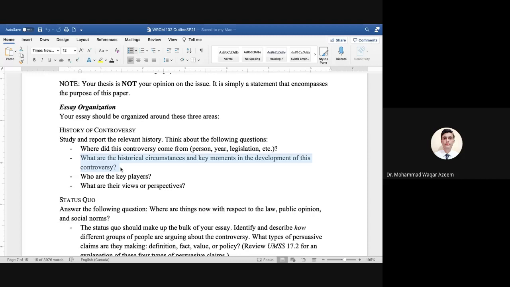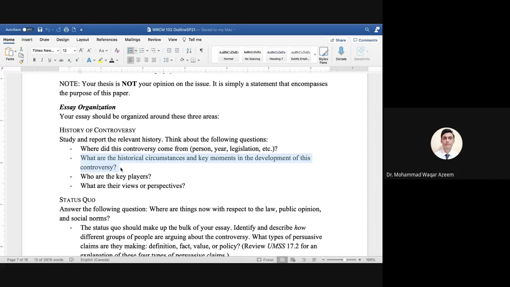So, a topic like that famous, so-called feminist movement in Pakistan, Aurat March. I don't know how many of you know about that, but I'm sure those who read the newspaper are aware of it.